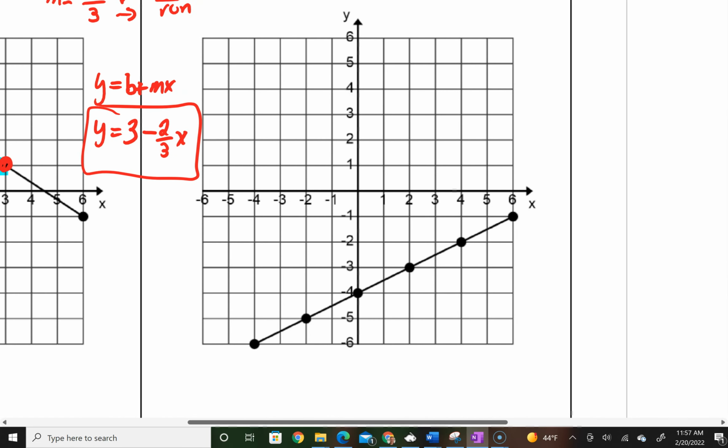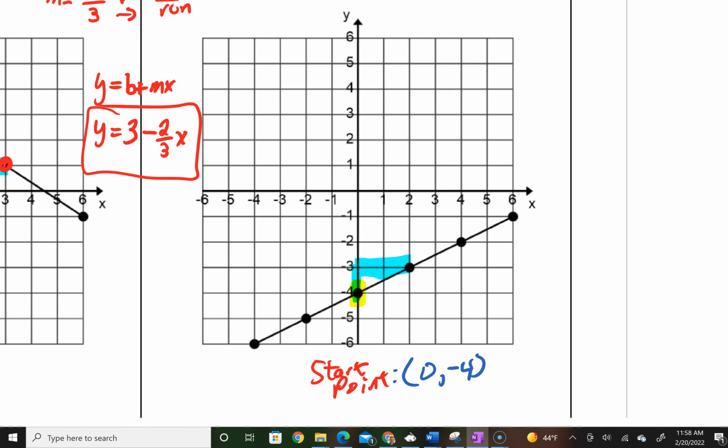Likewise, if we come over here, our starting point, I think you can see hopefully rather quickly, is down here. Starting point's always your y-intercept, by the way. It's 0, -4. And then we can think about the slope. Hopefully you can see your slope here.